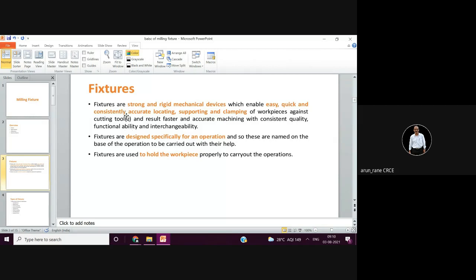So this is what is important. Easy, quick, and consistent. Consistent means one after other, all the pieces will be located accurately, supported and clamped one after other. So you will have faster and accurate machining, and with consistency. Consistent means repeated. Consistently means repeatedly.